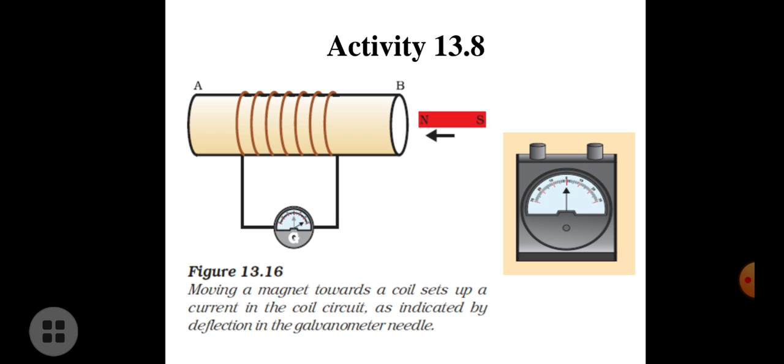Now, if we move both the coil as well as the magnet in the same direction and with the same speed, will there be induction of current?